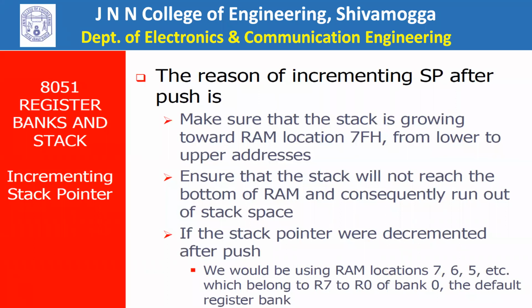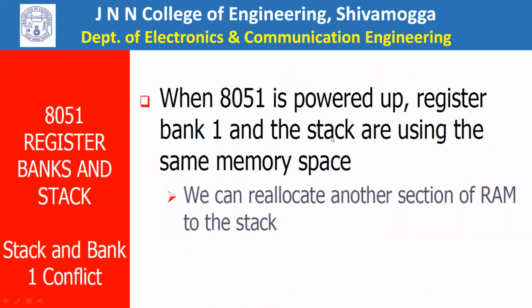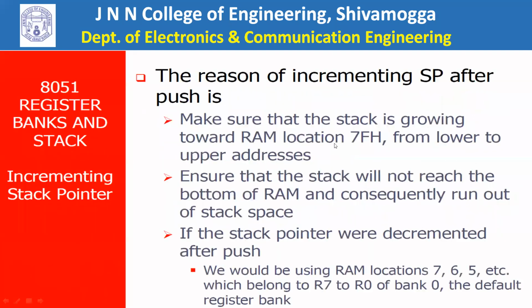Register bank 0 is used by the user for his program. It cannot be used as the stack. So these are the three reasons why we always increment the stack pointer after the push operation.